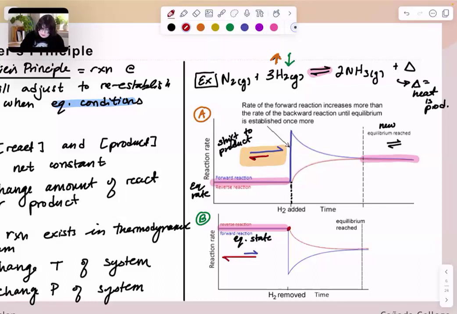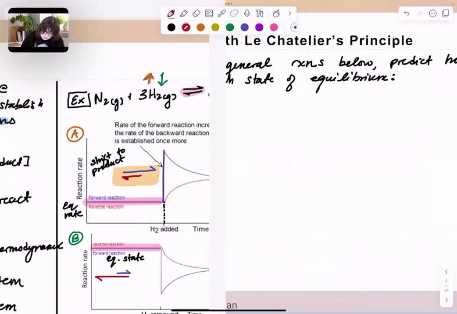And then once we have our initial starting reaction rates, we can go to our classic picture where the reaction rate will equilibrate until we reach a new state of equilibrium, which is where we are here. So this is our new equilibrium.